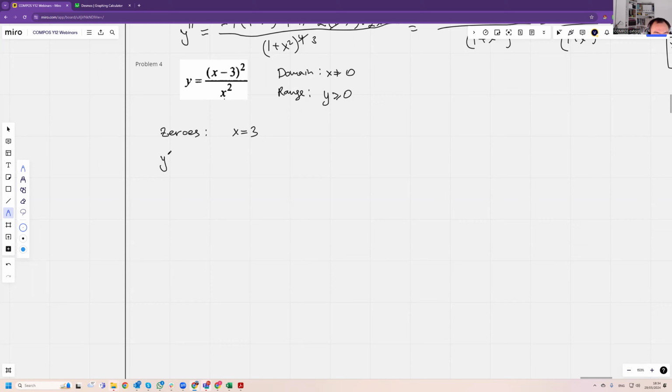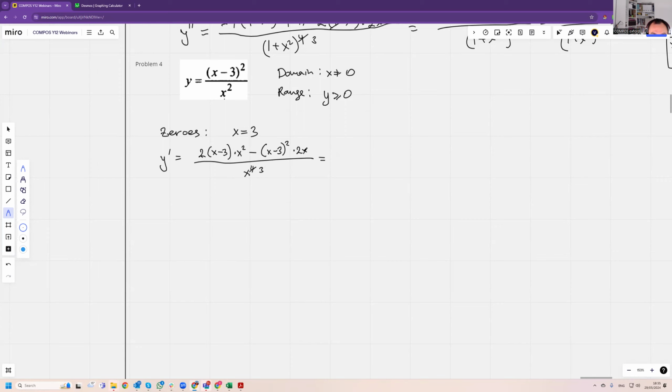Now find the derivative. I'm using the chain rule and quotient rule here. So 2x minus 3 multiplied by x squared, minus x minus 3 squared multiplied by 2x, divided by x to the power 4.